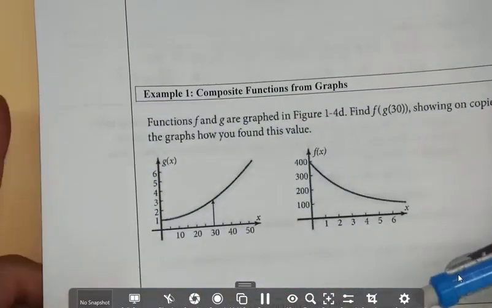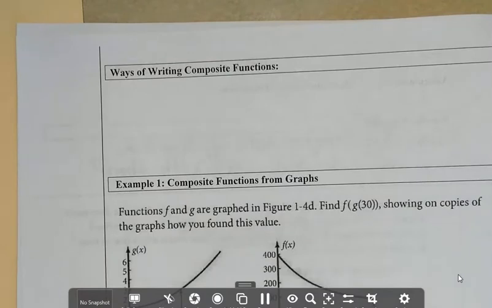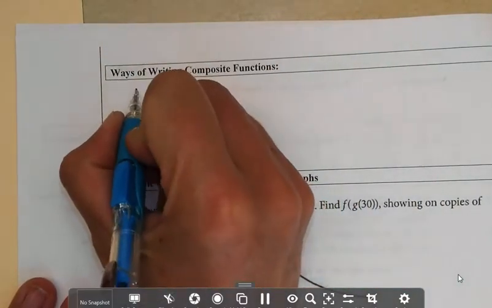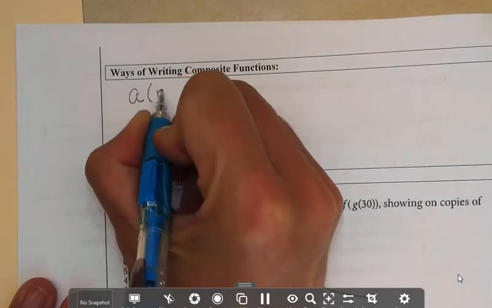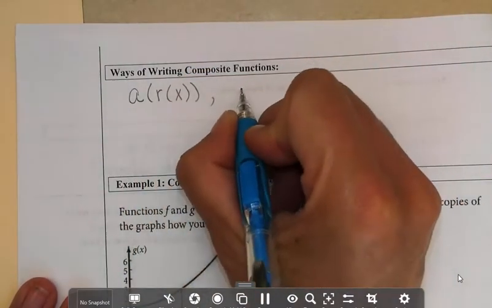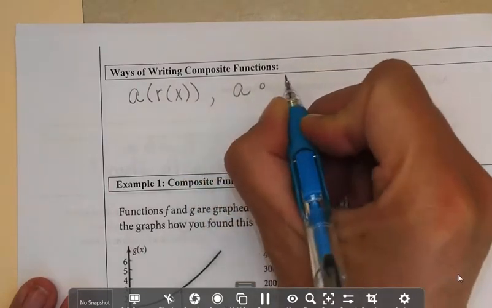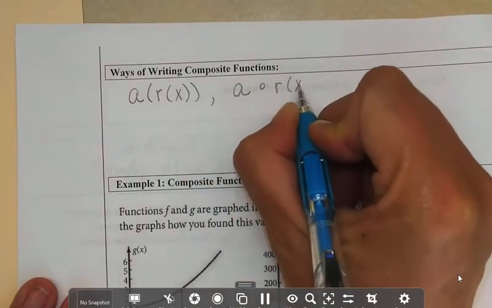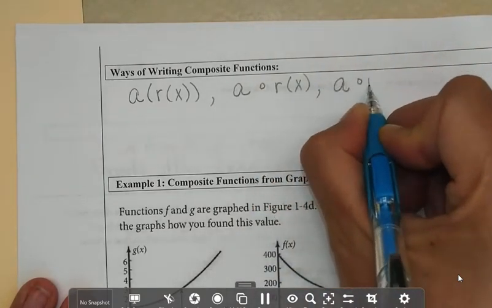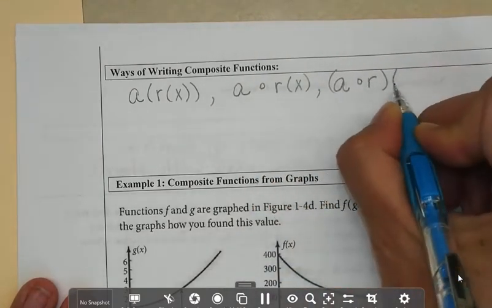Different ways of writing composite functions, and we've already shown you one of them. You could say a of r of x. You could say a circle r of x.